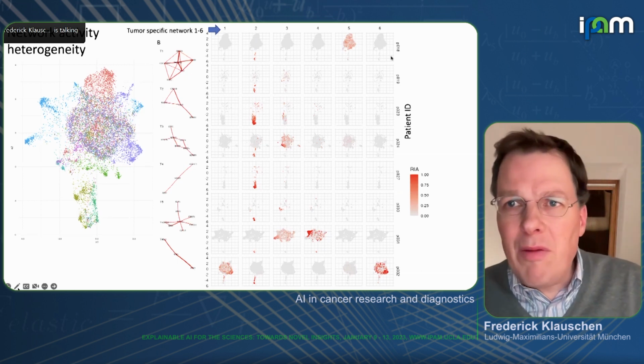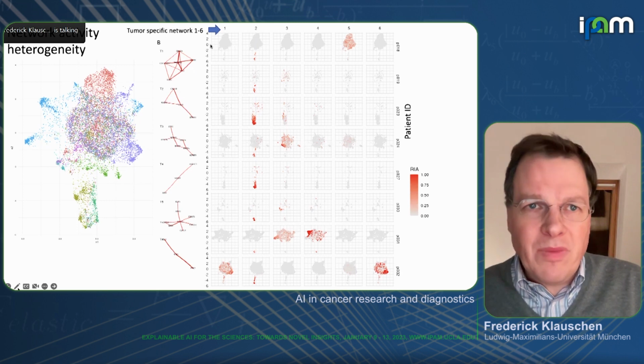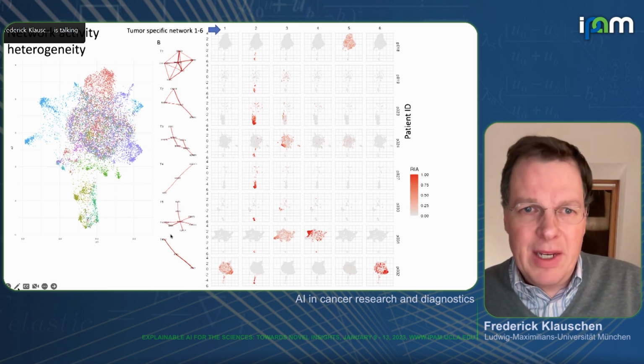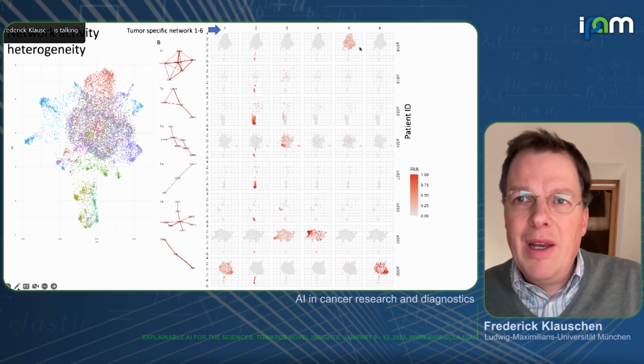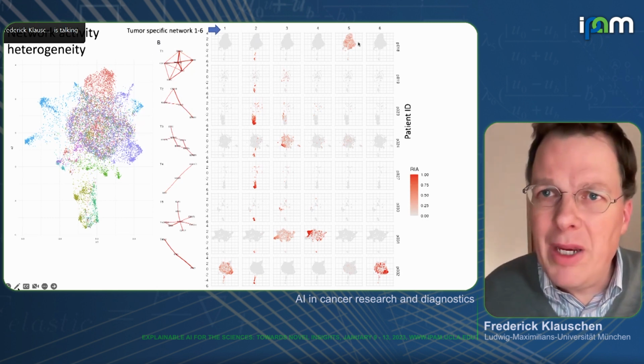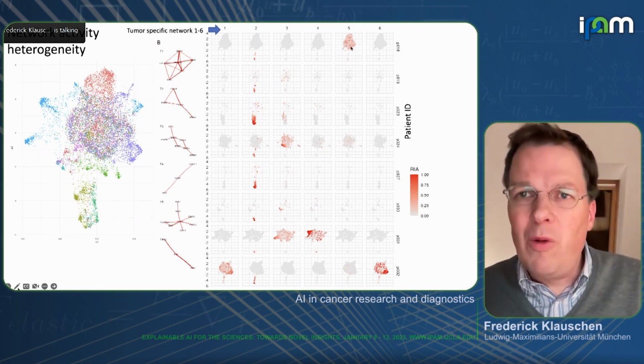And if we look at the first patient here, patient 18, you can see that if we take these 6 tumor-specific networks inferred by our LRP approach, we can see that this patient, and each of these gray dots here is one tumor cell, has different subtypes or different subclones of tumors.